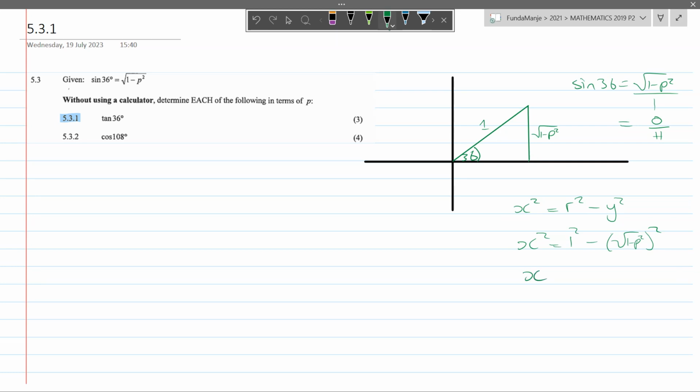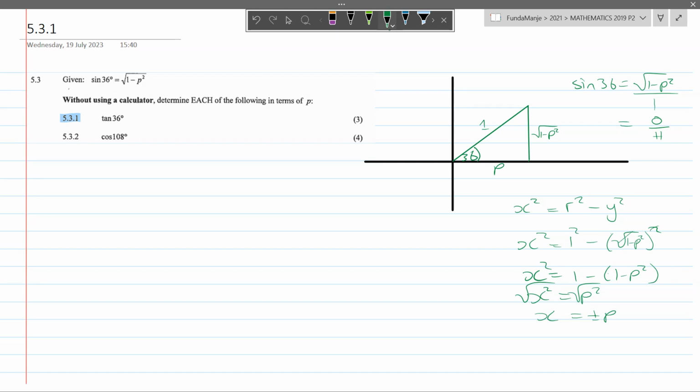Then this cancels, leaving us with 1 minus (1 minus p squared). 1 minus 1 cancels and x squared equals p squared. Here it's x squared, actually. We take the square root of both sides, we get x equals plus or minus p. But in this case we'll take it as positive p.